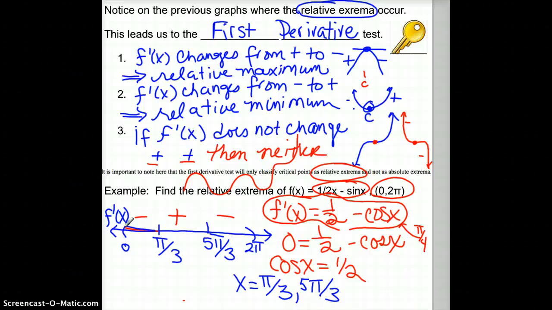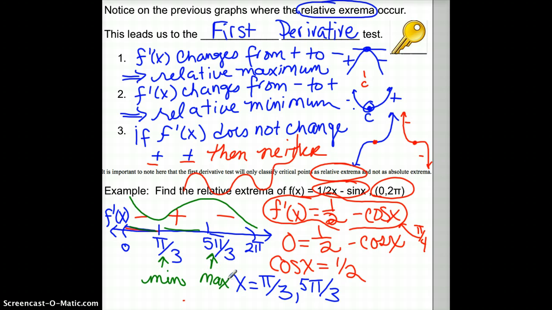And then it hit 0, bottomed out, and was increasing. So what that tells me is this provided me with a relative minimum. Likewise, it was going down, it hit 0, and then it was going up, and then it went down again. So this 5 pi over 3 is providing me with a relative maximum.